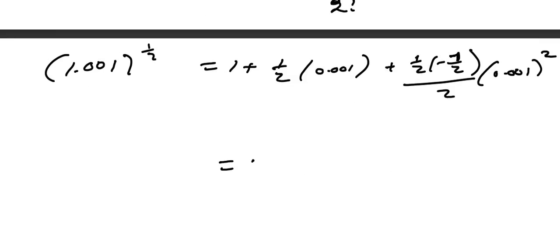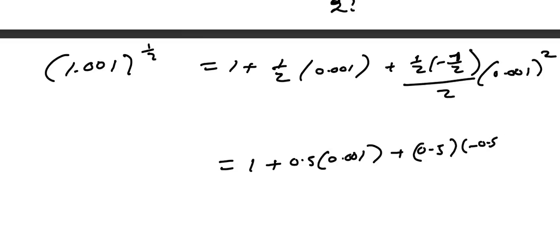So this will give us 1 plus, half is the same as 0.5 by the way. If you don't have a calculator, you have to learn to do this without one. So this is going to be 0.5 times 0.001. How can you work this out without a calculator?